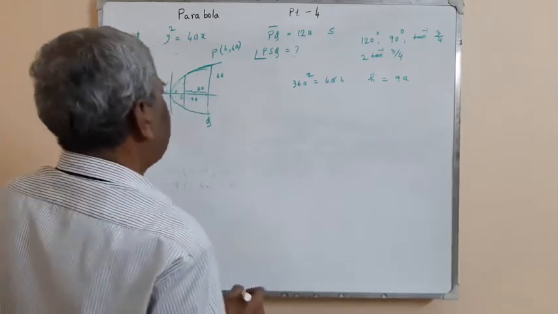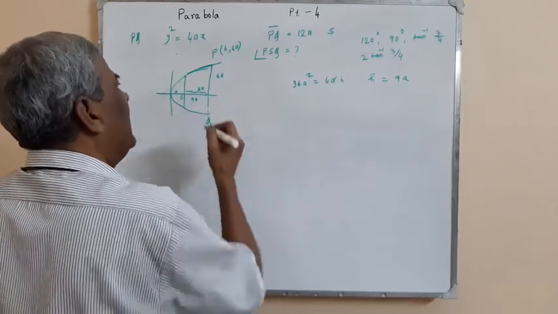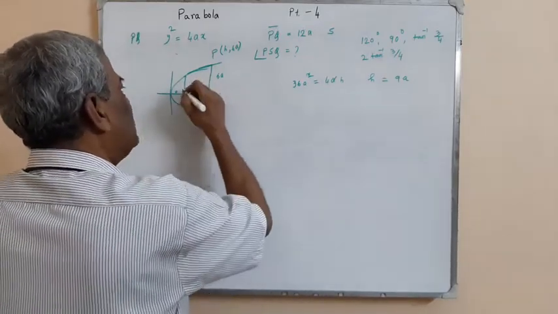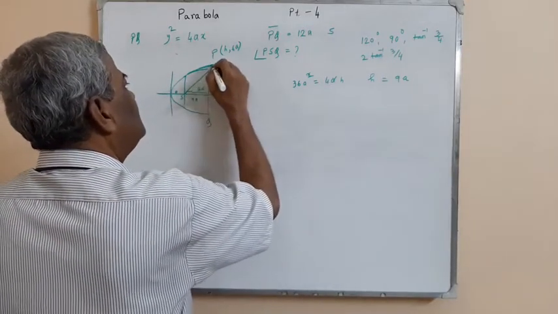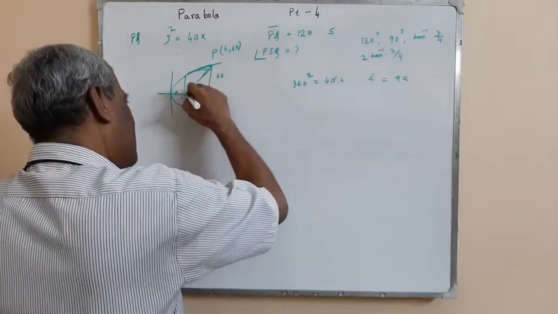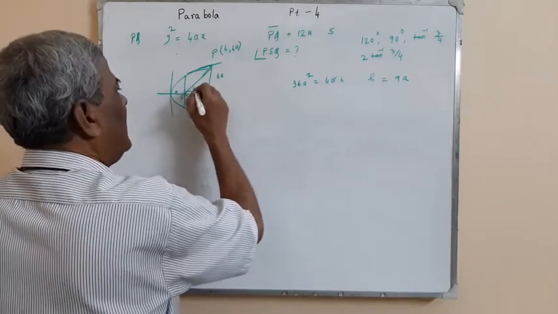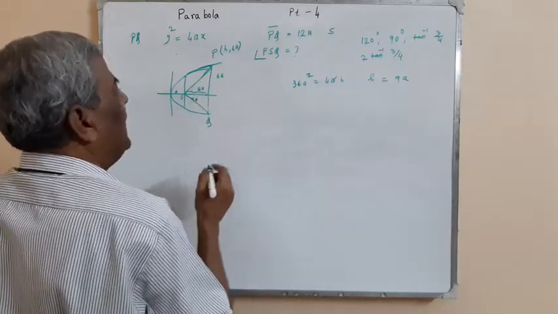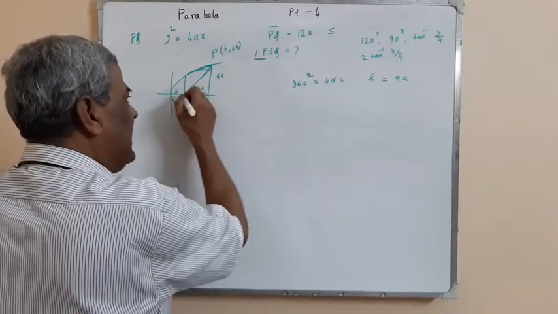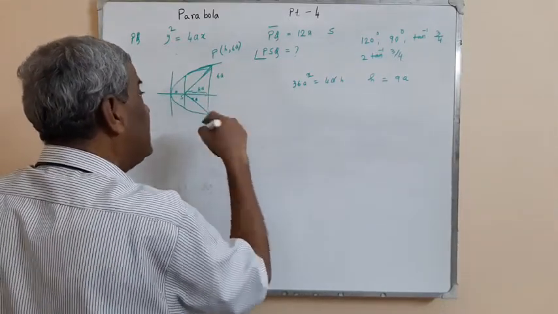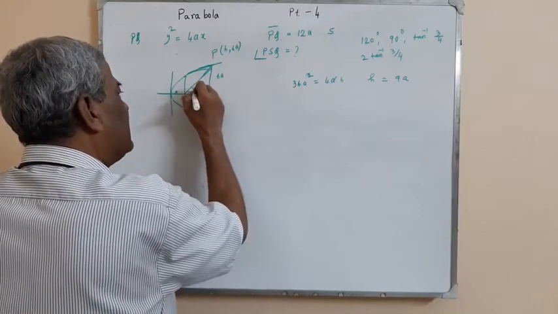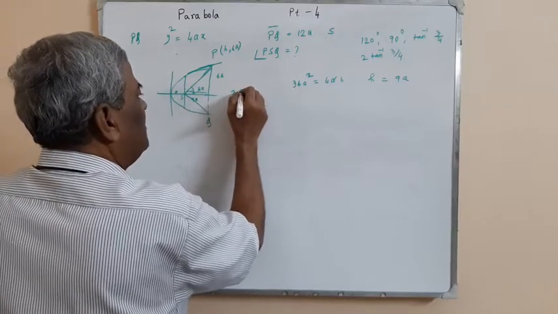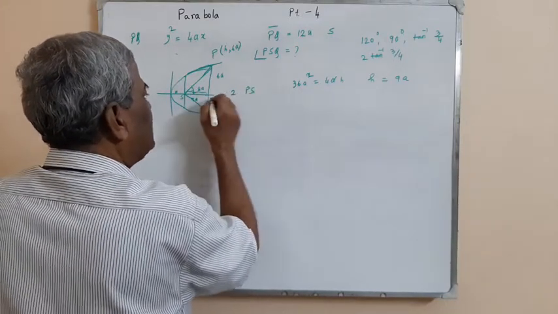Now we have to find the angle PSQ. Due to symmetry, this angle PSQ is just double the angle PSC.